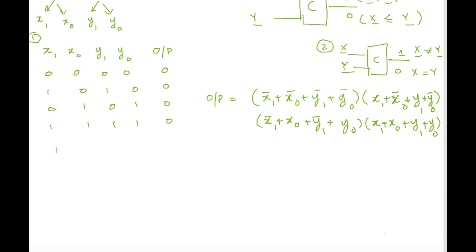So I will say my x1, x0, y1, y0. So all are not here. So then this is one OR. Okay, second OR is x1, x0 bar, and then this is like this.